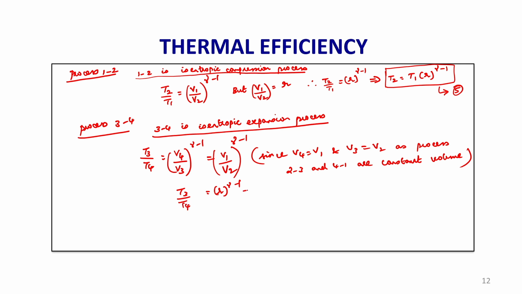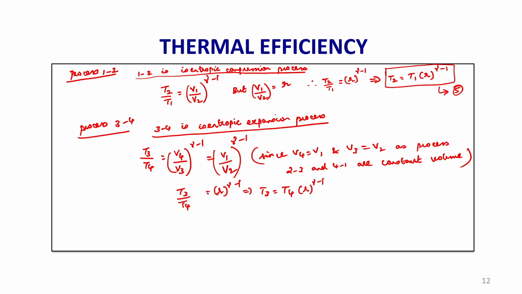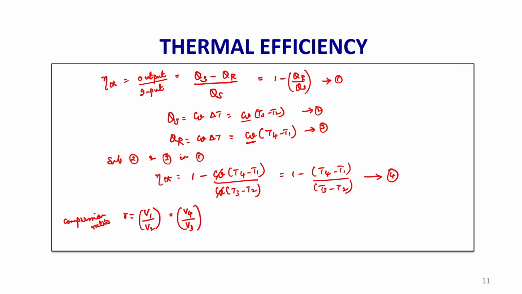From this you can find T3 equal to T4 into R power gamma minus 1. So, that is what I have found here. T3 equal to T4 into compression ratio to the power of gamma minus 1. That will be equation number 6. Substitute 5 and 6 in 4.